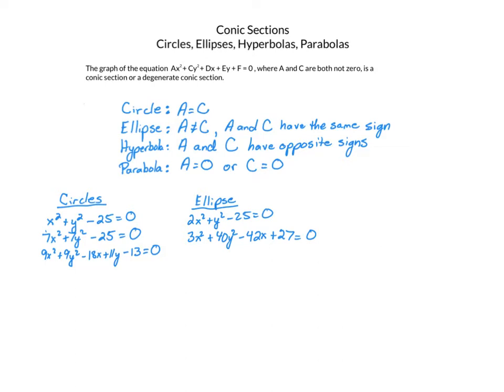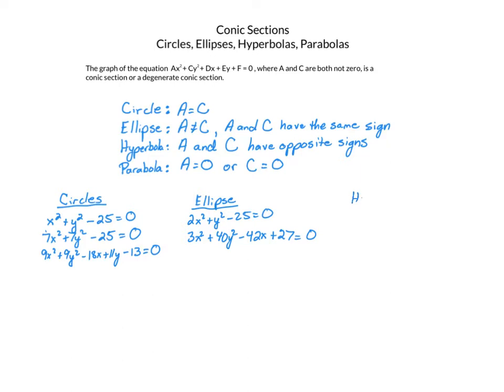Notice we don't have any linear term with respect to y, but that doesn't matter. I'm focused on these two coefficients right here. They are the same sign, and they're not equal. So if we were to graph this, it would look like an ellipse.